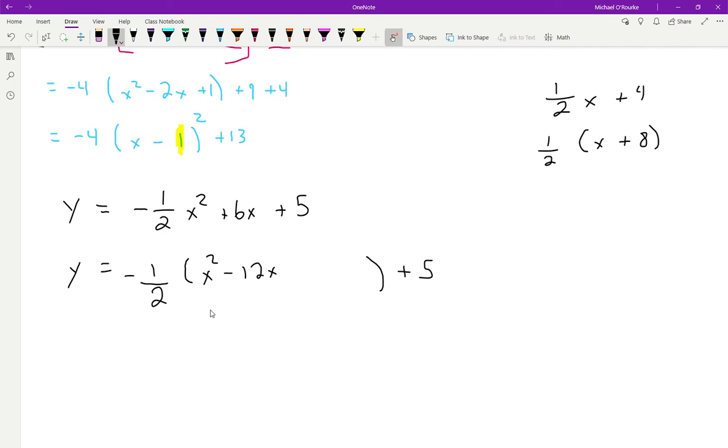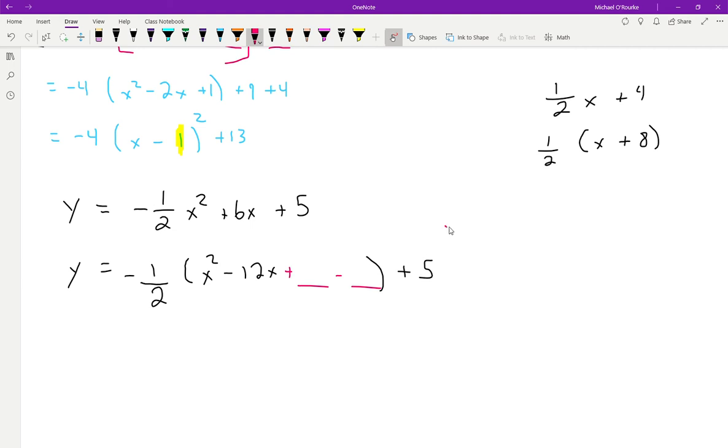Good. All right. So now we need to fill in those numbers to make our perfect square. What are those numbers going to be in there? So we take the middle term. Can I see it in chat before I write down the steps?